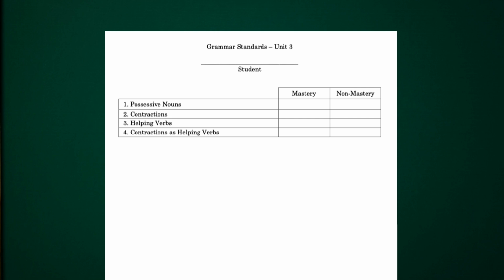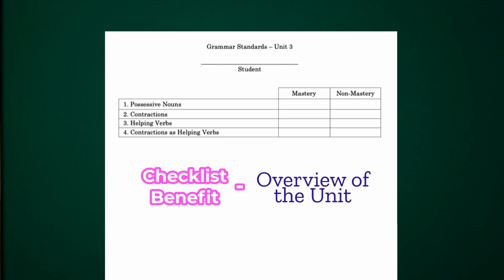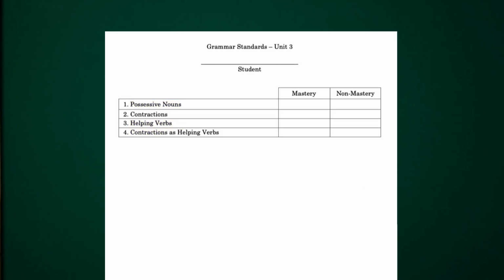The parent checklist goes to work before you even start each unit because you can use the checklist as an overview and give it to the students to review the terms that they're about to start learning. This gives you an opportunity to front load some of the vocabulary, maybe talk about situations where they might use this in real life situations, maybe do some anticipatory sets, and it just gets them ready for what they're about to hear.